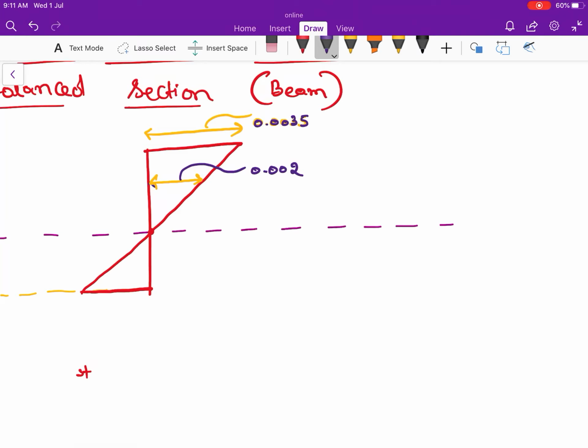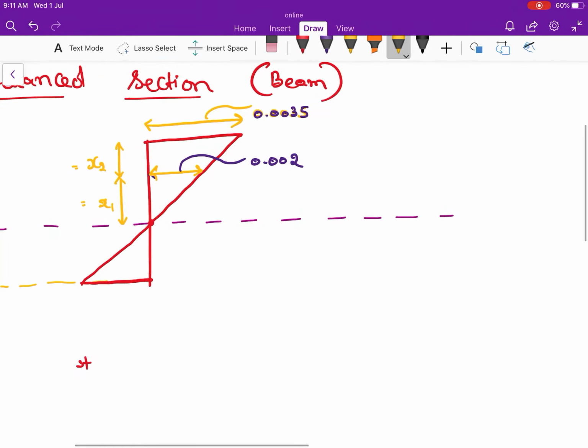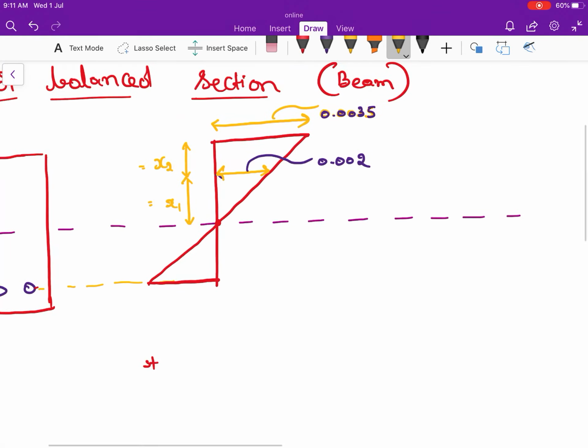Now I will take this as x1 and this distance as x2. Now I need to calculate the value of x1 and x2. That is most important. So how to calculate the value of x1 and x2?